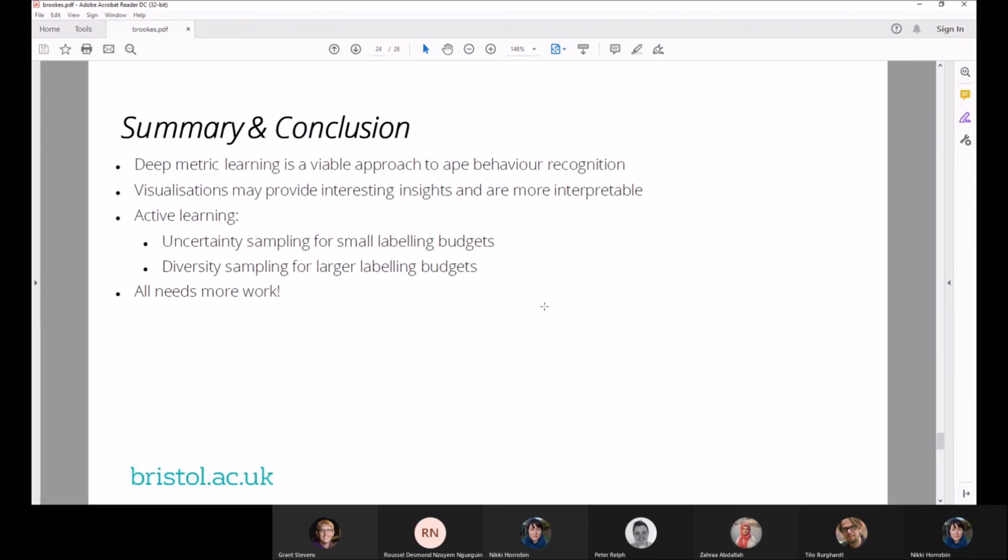So in summary and conclusion, deep metric learning seems to provide a viable approach to behavior recognition. The visualizations are interesting, if not insightful. And in active learning, a small labeling budget is best suited for uncertainty sampling, and larger labeling budgets are best suited for diversity sampling, but there's clearly some instability here, with the key take-home being that all of these streams really need more rigorous work.